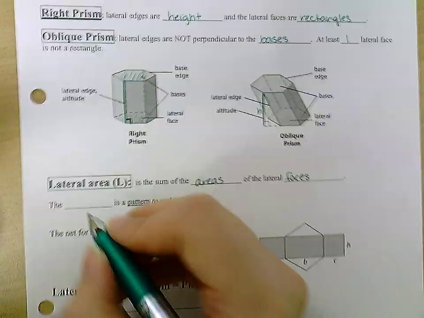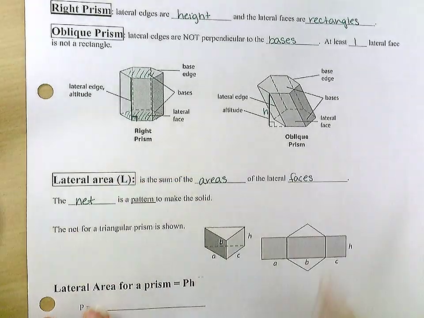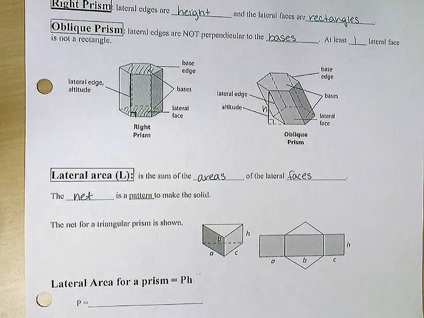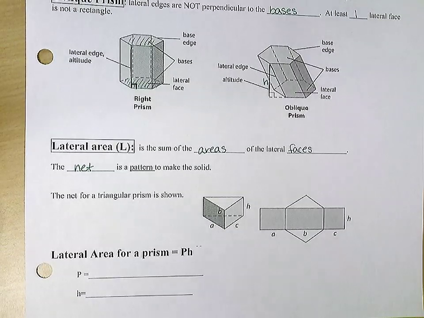The net is a pattern to make the solid. Below I have a net drawn out for a triangular prism. It is a triangular prism because its bases are triangles. That's how we label a prism: you look at the base shape and use that base to name the prism.